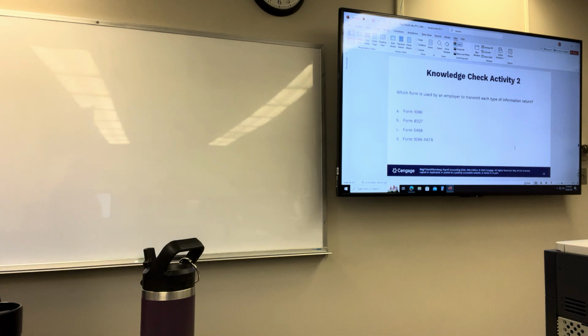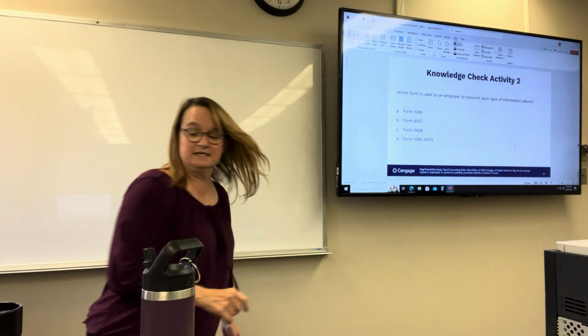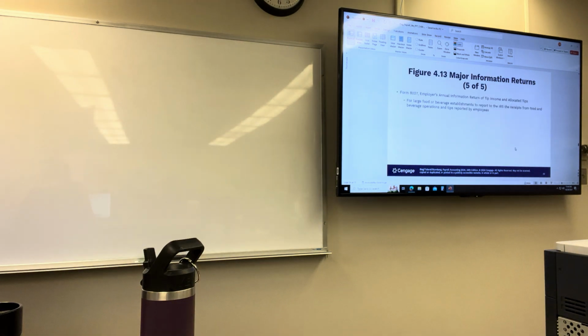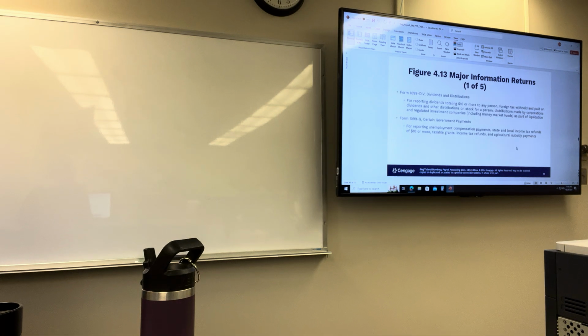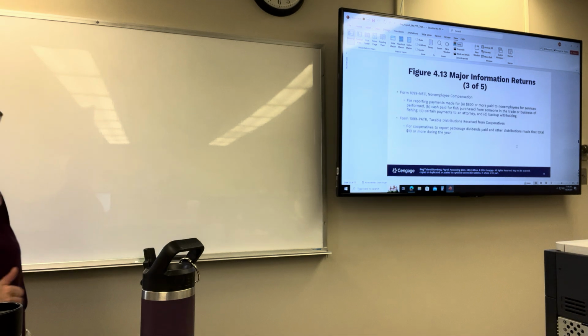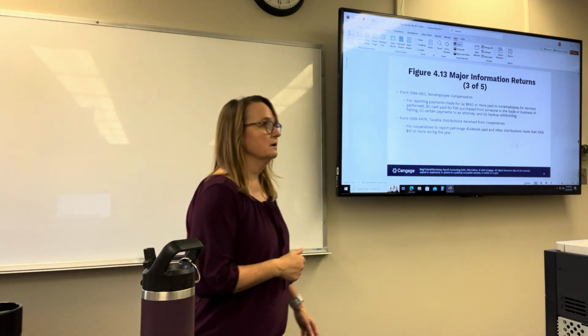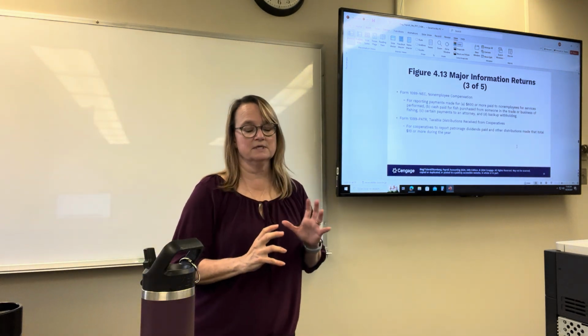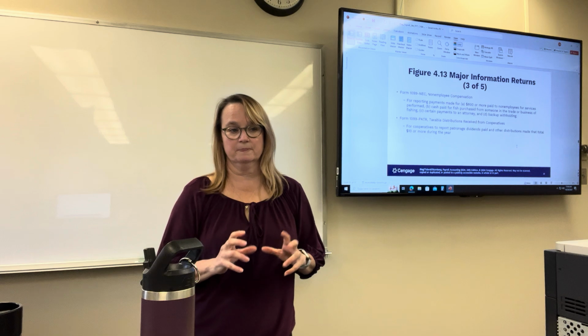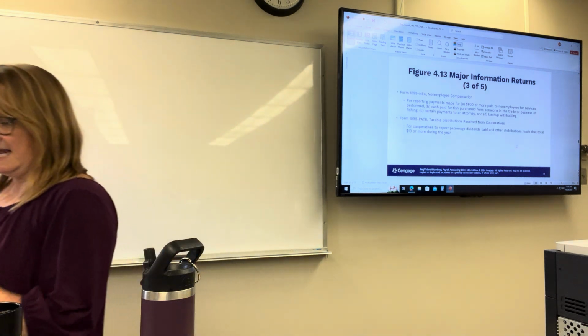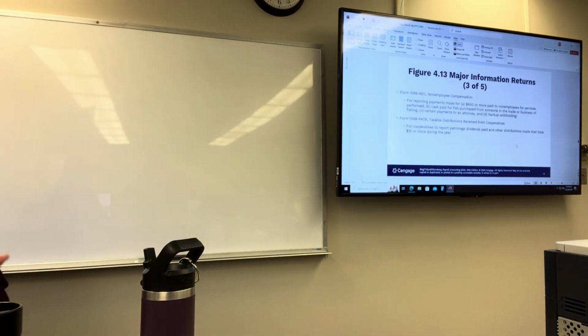Now, I am going to pull this up because they didn't mention the 1096, or maybe they did mention the 1096, and I just zoomed past it. I don't see that they mentioned the 1096. So, as I said before, a W-3 form summarizes all of the W-2 forms. The 1099 forms have another summary form called the 1096.